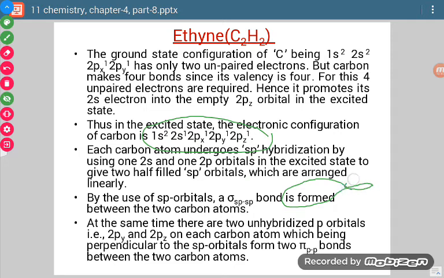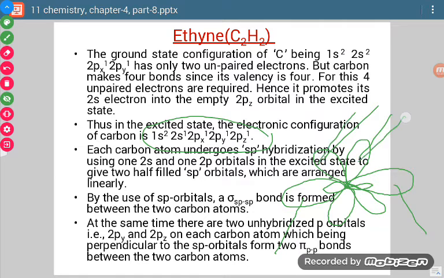See, these are hybridized orbitals, and this one and this one are unhybridized orbitals. Now see, these two which are unhybridized are available for pi bond formation, and this one is available for sigma bond formation.